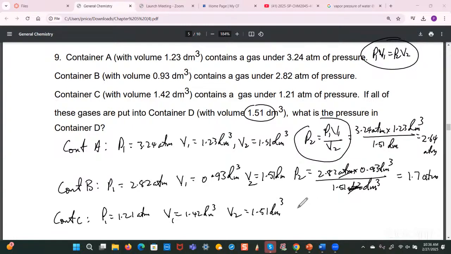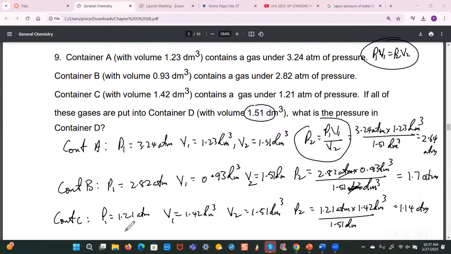So what would be P2 in this case? 1.21 atmospheres multiplied by 1.42 dm³ divided by 1.51 dm³. So 1.21 times 1.42 divided by 1.51. And according to my calculation, this works out to be equal to 1.14.